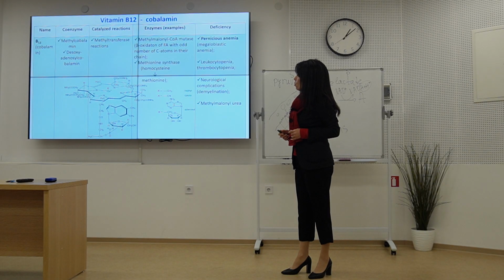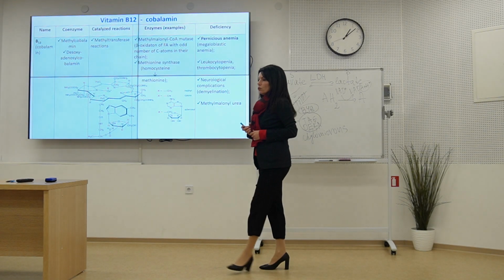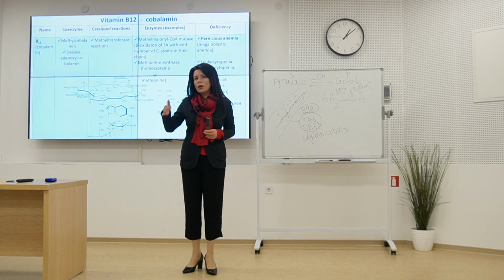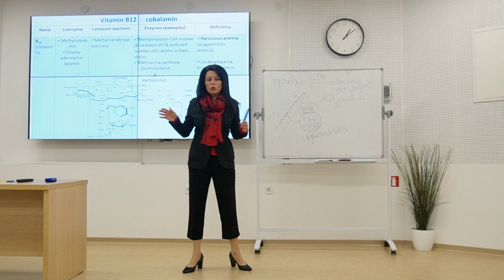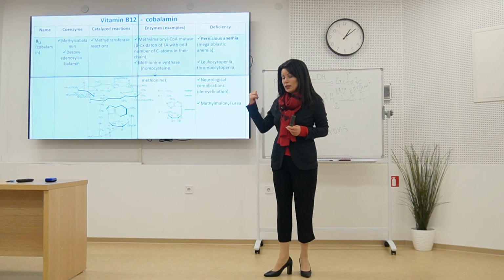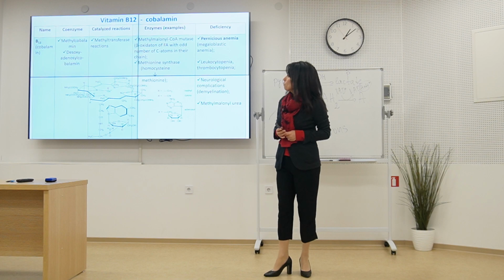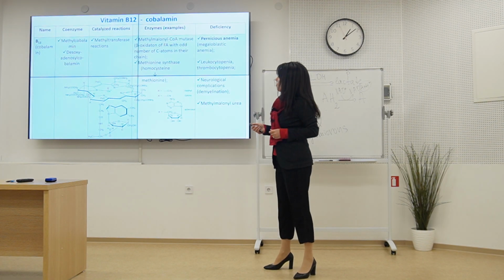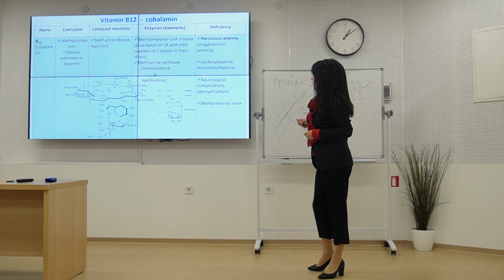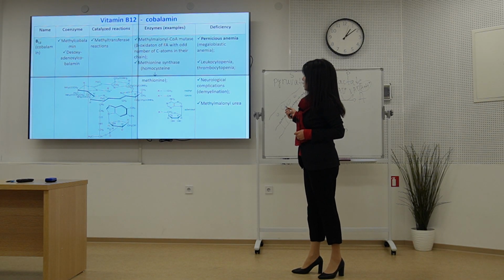And one more exception, B12 has its own transporter in the blood, which is called transcobalamin 2, unlike all the rest of the water-soluble vitamins, which can be transported independently. It has a specific transporter. There are many consequences after the deficiency of B12. It's not only these ones, but these are the main.